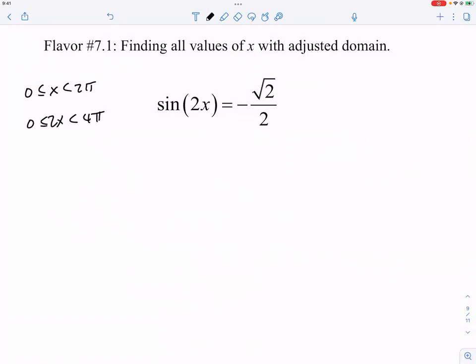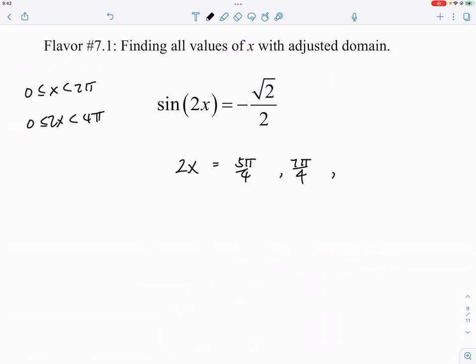So for the moment, only for the moment, so that we can find all of the solutions for our first revolution. We say 2x is equal to, that will be quadrants 3 and 4, 5 pi over 4, and then 7 pi over 4.